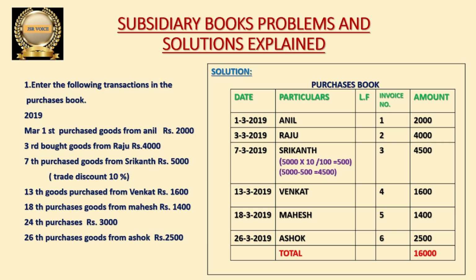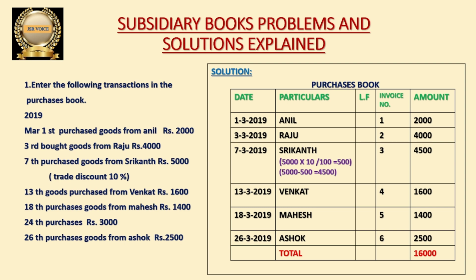LF column empty and go to invoice number. Invoice number, if that is given in the question. Invoice number means bill number. If that is available in the question we should write. If it is not available, don't write. Otherwise you can write serial numbers 1 2 3 4 like that. So in the question March 1st transaction, the invoice number is not available, so we can leave it empty, otherwise we can write serial numbers.